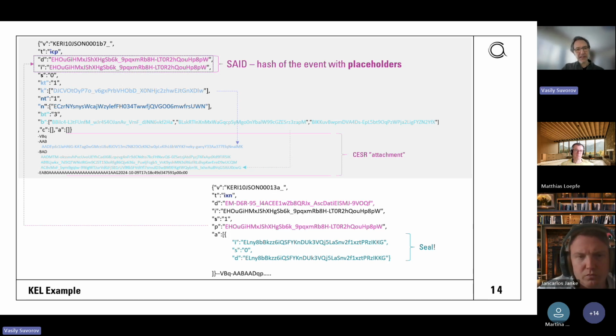So basically you take this JSON here, and because everything is sort of optimized, you'll see that the keys in this JSON object are just one-letter keys, standing for the version, the type, the digest, the identifier, and so forth. And then they have the values, which is normal.